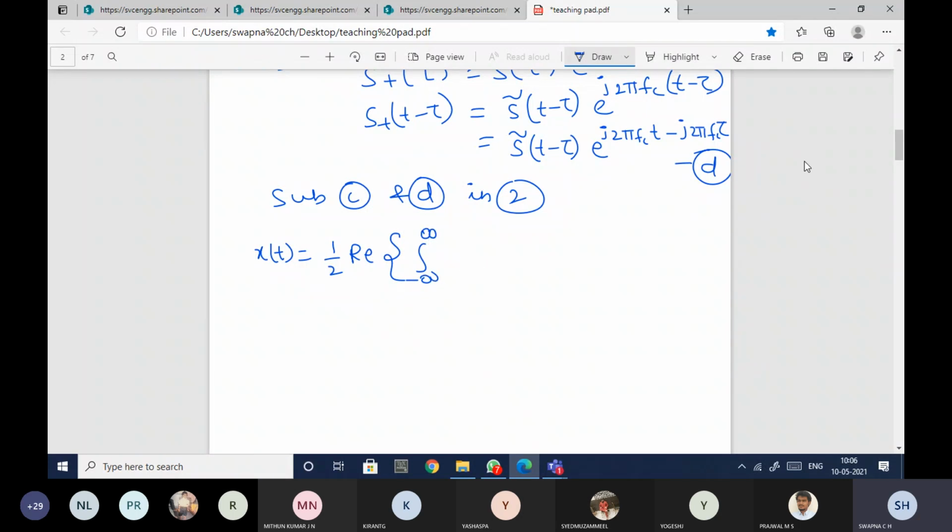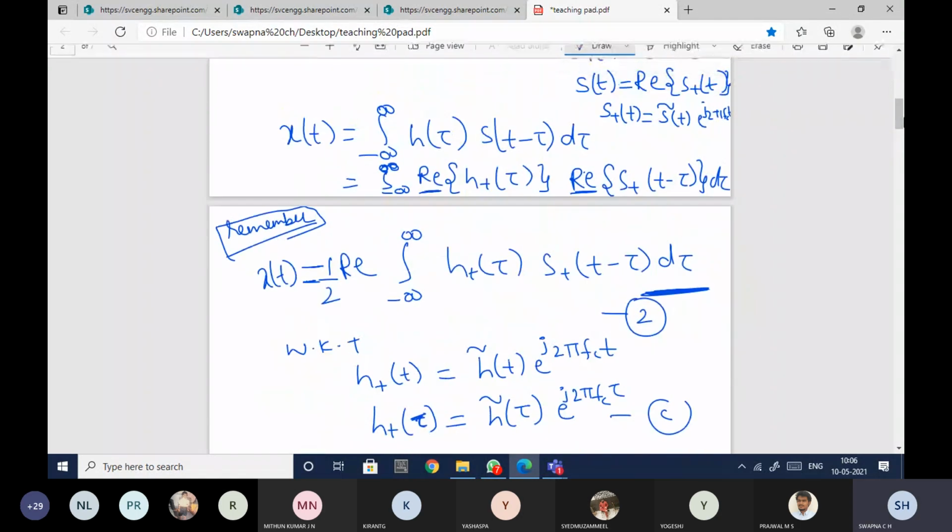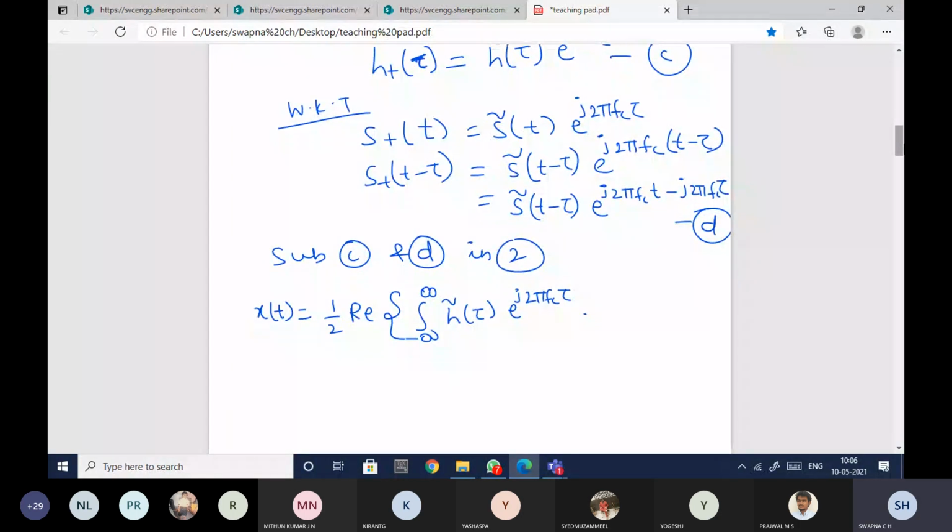In place of h plus of tau, you have h tilde of tau e power j 2 pi fc tau, multiplied by, in place of s plus of t minus tau, you can substitute equation D. So it is nothing but s tilde of t minus tau e power j 2 pi fct minus j 2 pi fc tau d tau.